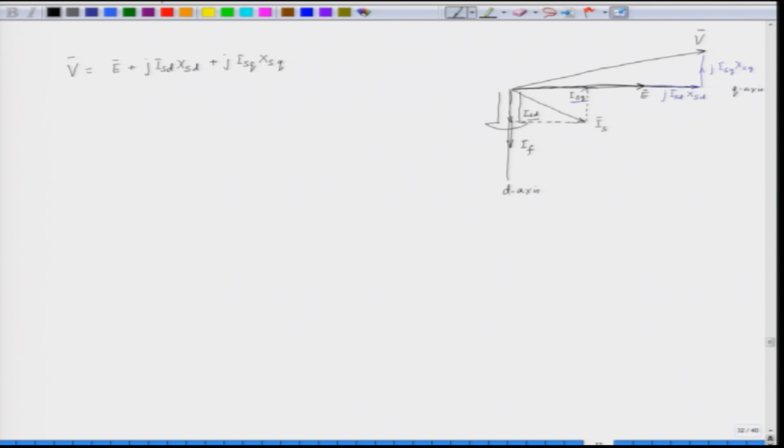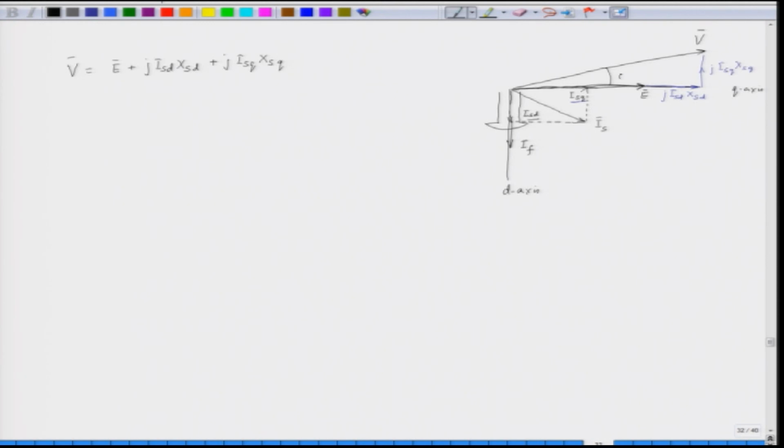Since we have two different reactances, we have to multiply each reactance with the corresponding current, X_sd with I_sd, X_sq with I_sq, and that will give us the total voltage V. This is the torque angle, the angle between the induced EMF and the terminal voltage V, and the angle between V and the current is the power factor angle. So, this is our phasor diagram.